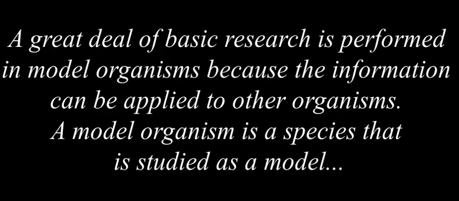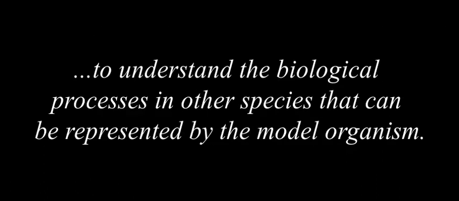A great deal of basic research is performed in model organisms because the information can be applied to other organisms. A model organism is a species that is studied as a model to understand the biological processes in other species that can be represented by the model organism.